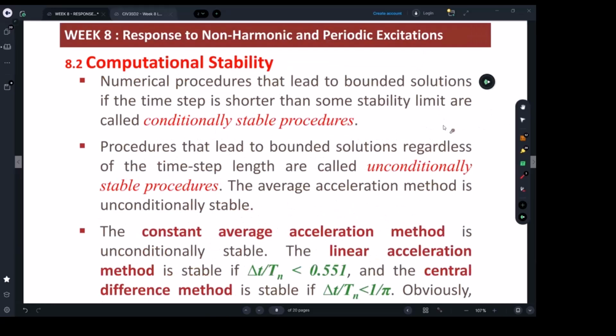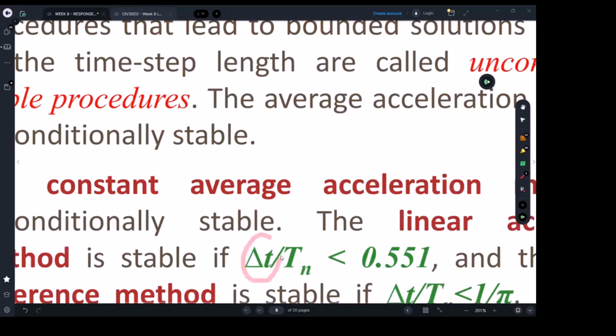Now this slide will just give you an idea about what we mean by computational stability. There are methods where we are required to make sure whatever time step we choose, the time step is delta t, right? This is a number that we, as researchers or engineers, should use to solve and integrate for the ground excitation.